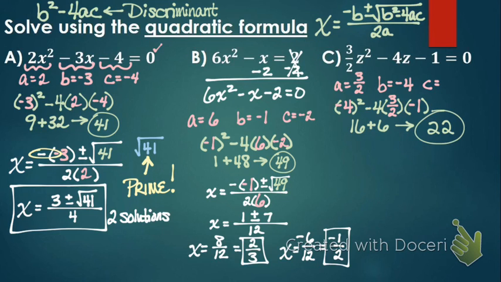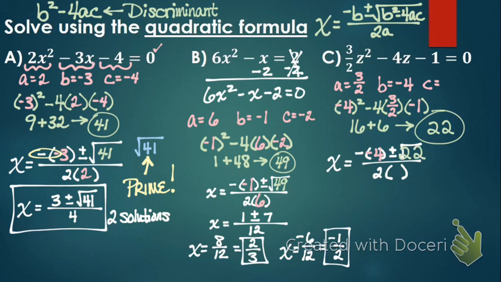Is this one going to come out pretty like the last one? No. 22 is not a perfect square. So up in my numerator, I have negative and then negative 4. So that's going to simplify to give me a positive 4 there. Can I simplify the square root of 22?